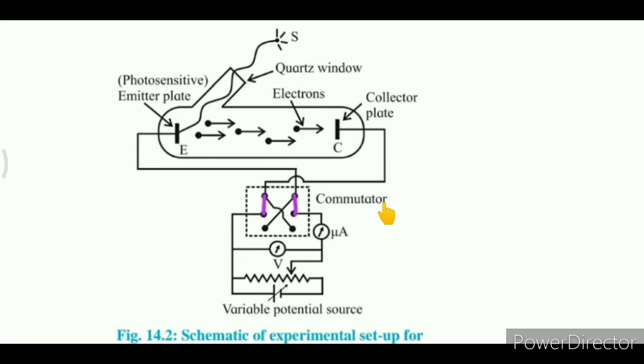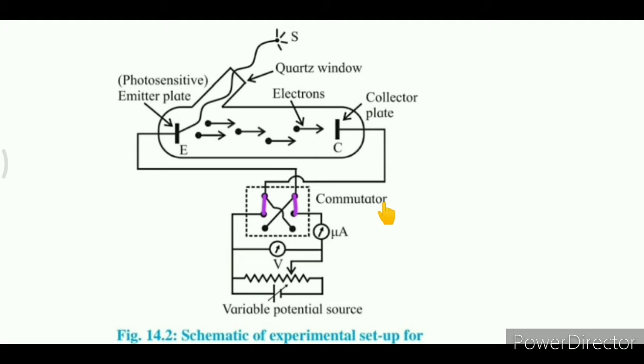Initially, by using this commutator key, a suitable positive potential is applied to collector plate C, as we had already discussed in the experimental setup to observe the photoelectric effect. Now you can see the same in this diagram.